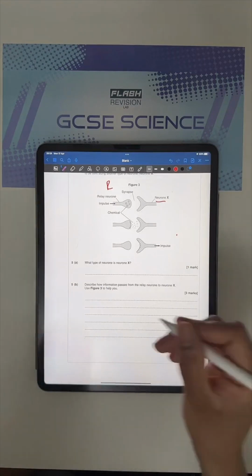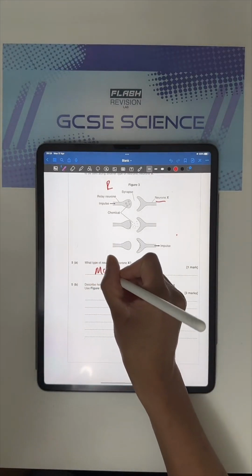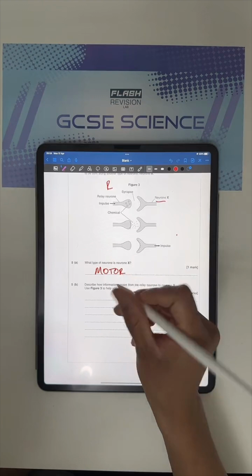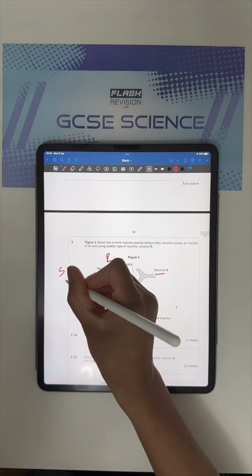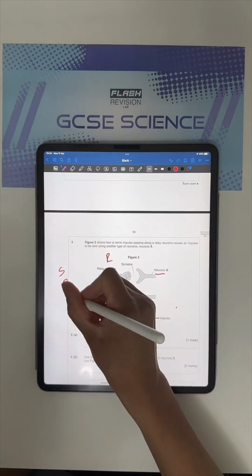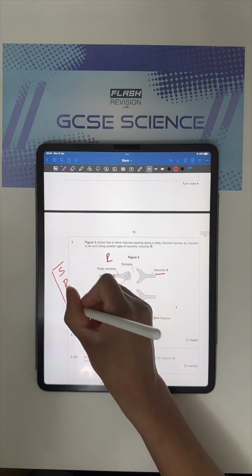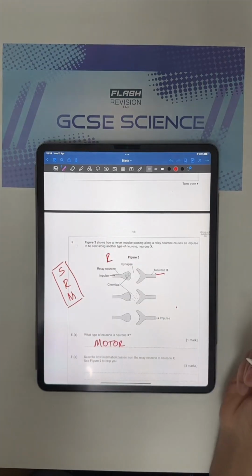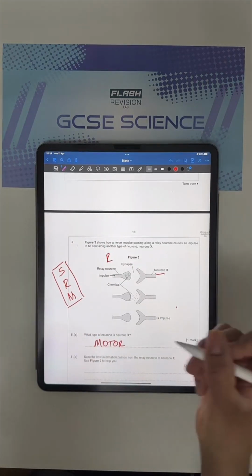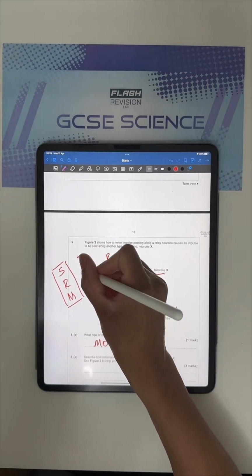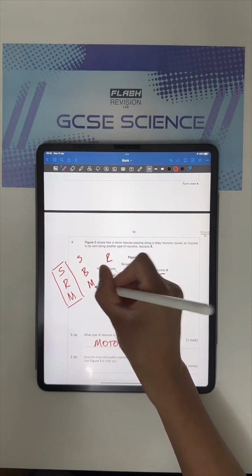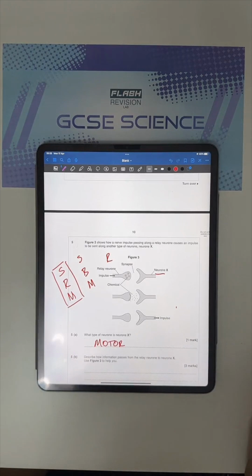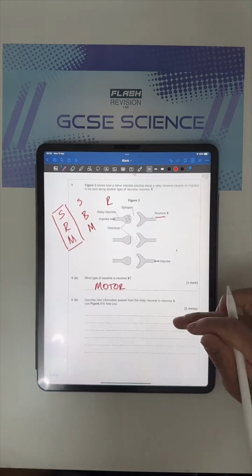It's a motor neuron. Remember, the order is sensory, relay, motor. That's for a reflex response. If it's a voluntary response, it'll be sensory, brain, motor. Well done, everyone who got motor.